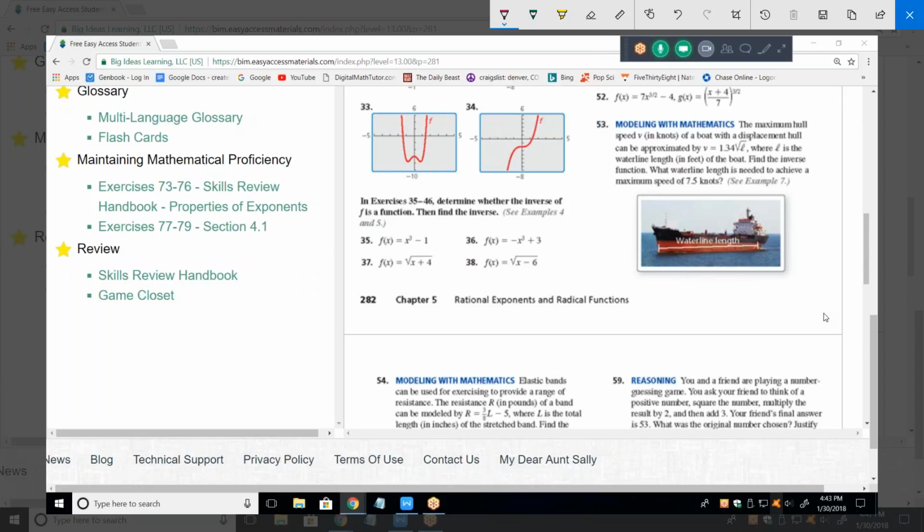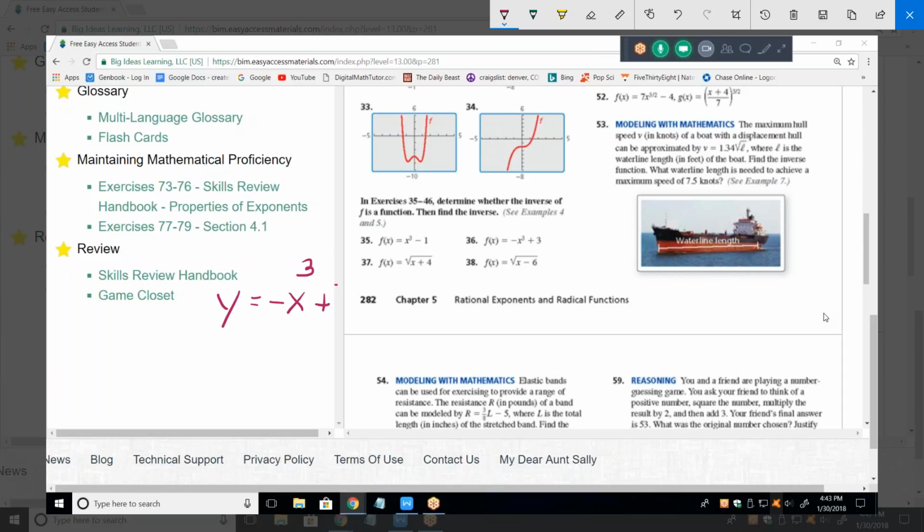So three steps. Start with an f of x. There's always 3 steps. What's the first step? y equals negative x to the third plus 3.